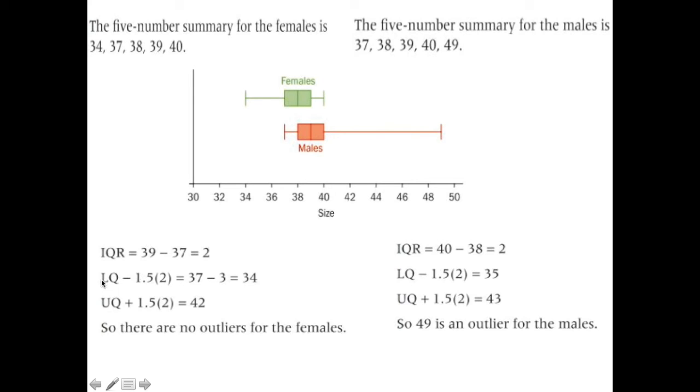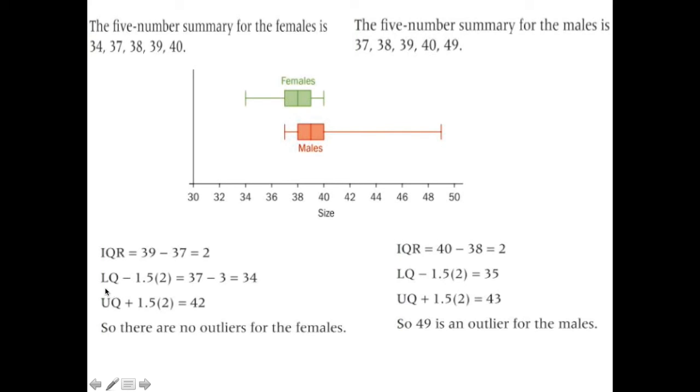To find the lower limit, you take your lower quartile, or Q1, and subtract 1.5 times the interquartile range. So my Q1 is 37. To 37, I subtract 3, and I get 34. That means that anything below 34, guys, is an outlier. In this case, there's nothing below 34, so there are no outliers. Same thing has to be done for the upper limit.